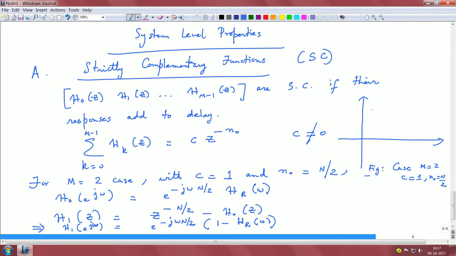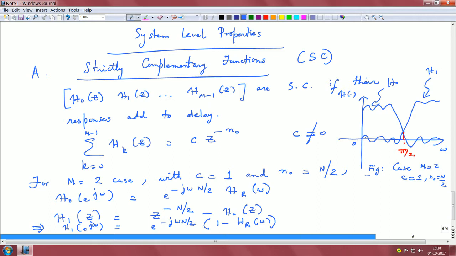If you think about equiripple filters, and this could be your pi by 2 frequency, this is your H naught and this is your H1 of e j omega.